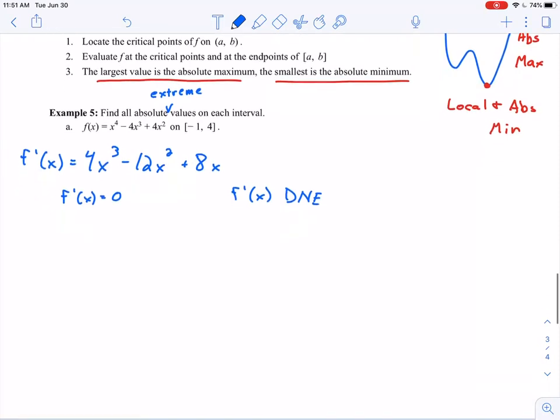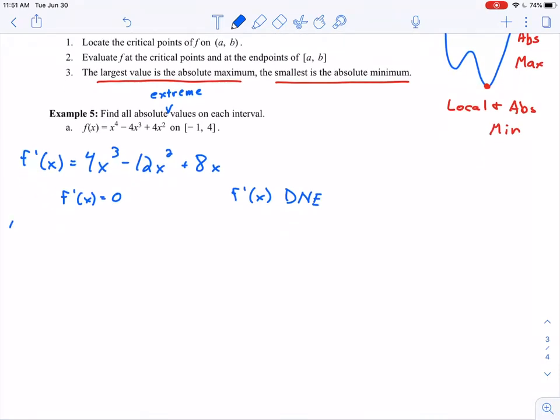So let's see, f prime equals 0. Let's take 4x cubed minus 12x squared plus 8x, set that equal to 0 so that we can solve. Here I see a factor of 4x, and that will leave me with x squared minus 3x plus 2 equal to 0.